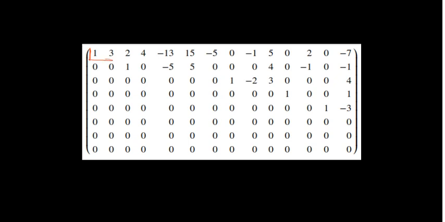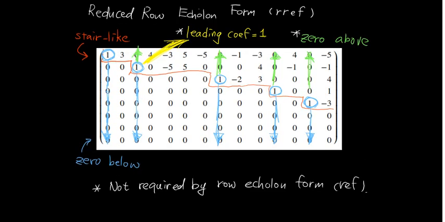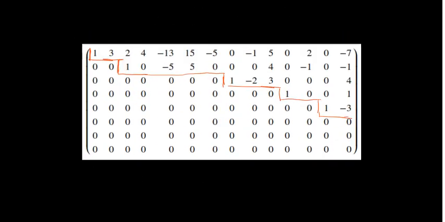This time, it is stair-like. So far it is fine, everything is good. But now you notice, which color? I guess it is the green color. If you look at this leading term, it should be zero here. So that's trouble. So this one is not an RREF, but it is an REF.